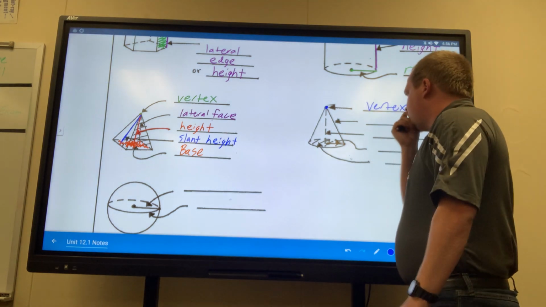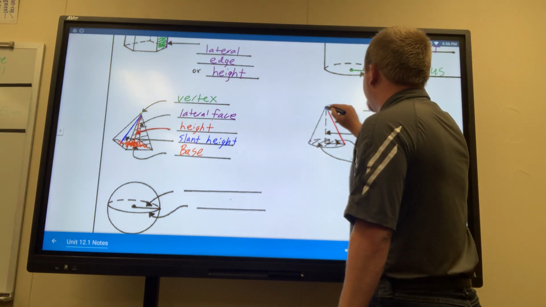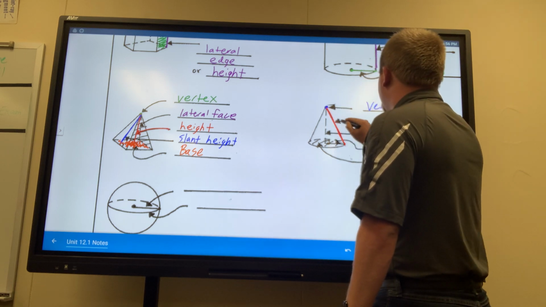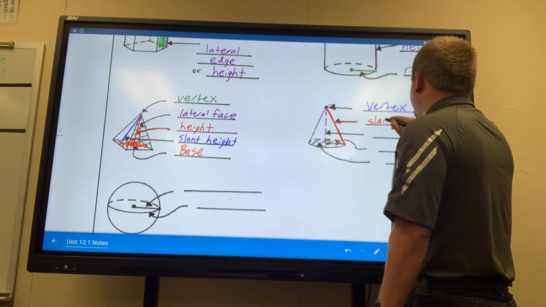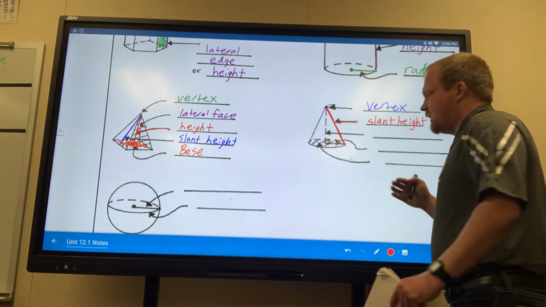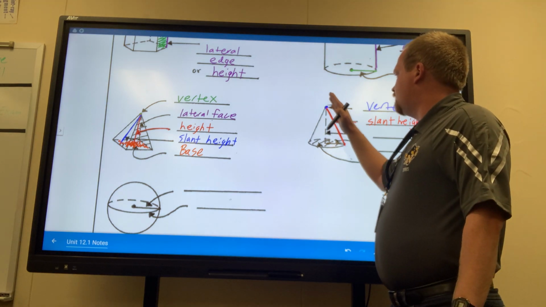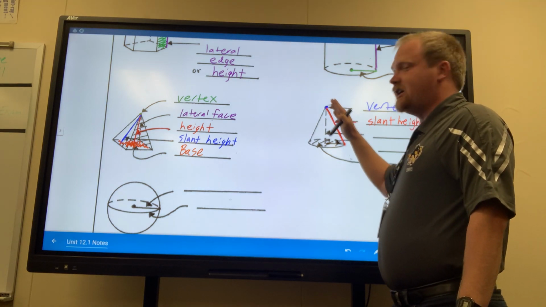Next we have this right here, which makes it a slant height, because again, it doesn't show me how tall it is, but how long this edge is.